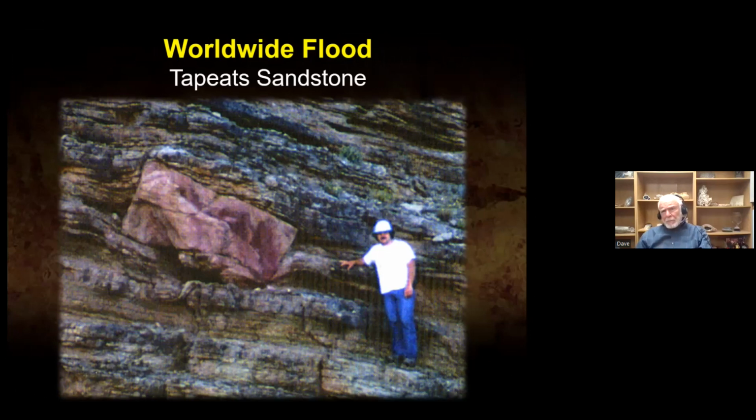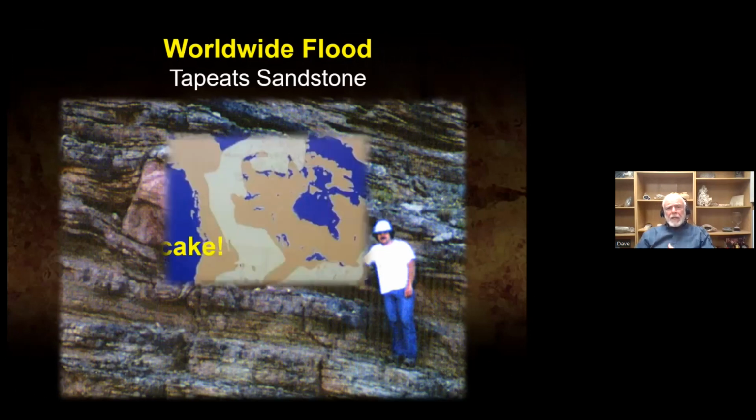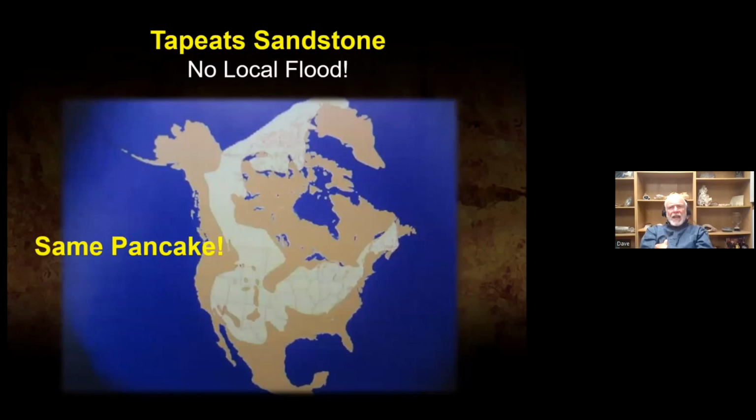And think about the Tapeats sandstone. We see it in Colorado Springs. We see it at the Grand Canyon, but you see it in all of that light colored stuff all the way to the eastern seaboard, all the way north across the Beartooth Range, across the Grand Tetons, where you see it at the top of one of the great big peaks.